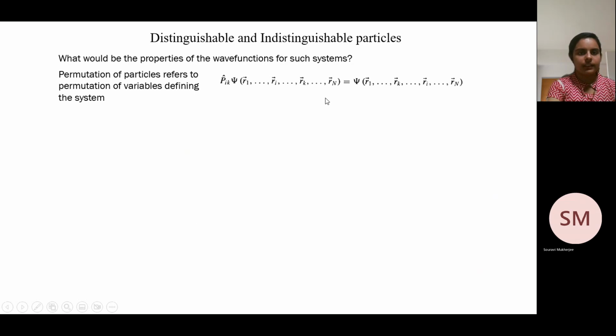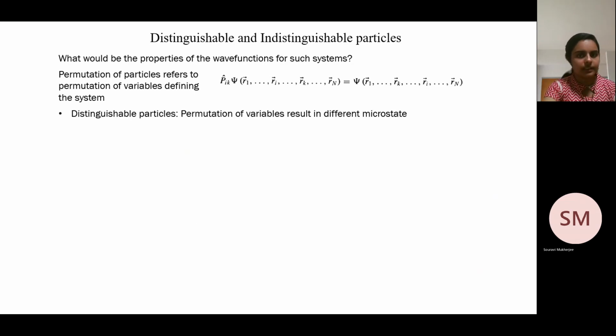Now suppose they are distinguishable. What it means is that phi(r1, ..., ri, rk, ..., rn) is not equal to phi(r1, ..., rk, ri, ..., rn). So interchanging the particles in that case gives you a new microstate. It's not the same microstate anymore.